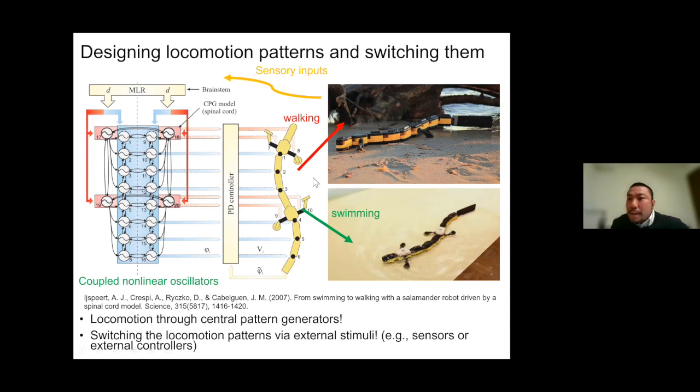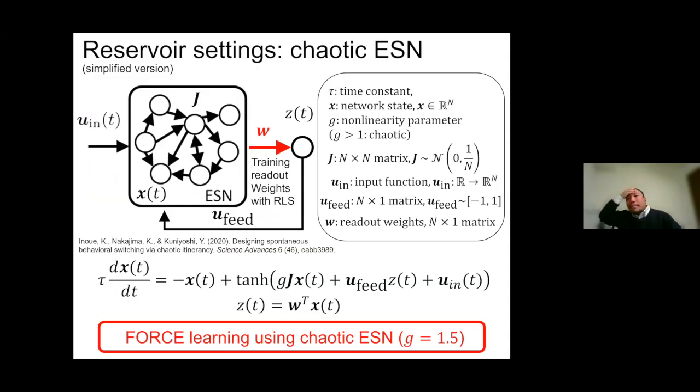It's also better that we have some switching of the oscillatory patterns. According to the environmental change, it's better that we switch the locomotion style. And this kind of locomotion control can of course also be implemented by using reservoir computing. So here is the example.